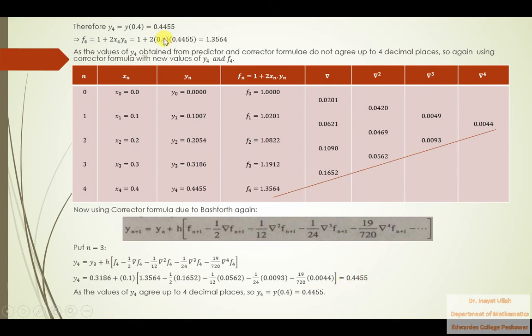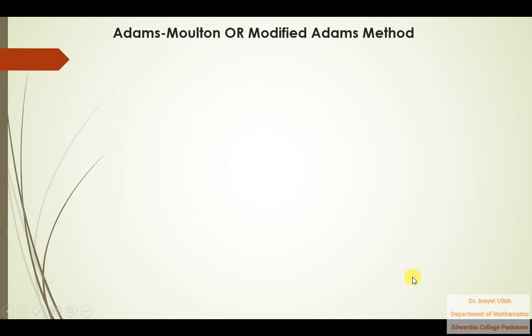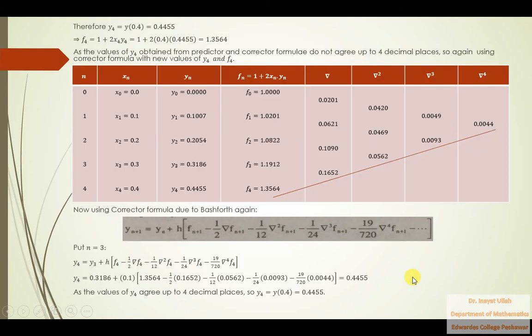So y4, which is actually y of 0.4, is 0.4455. So that is the way to use the Adams Bashforth predictor corrector formula.